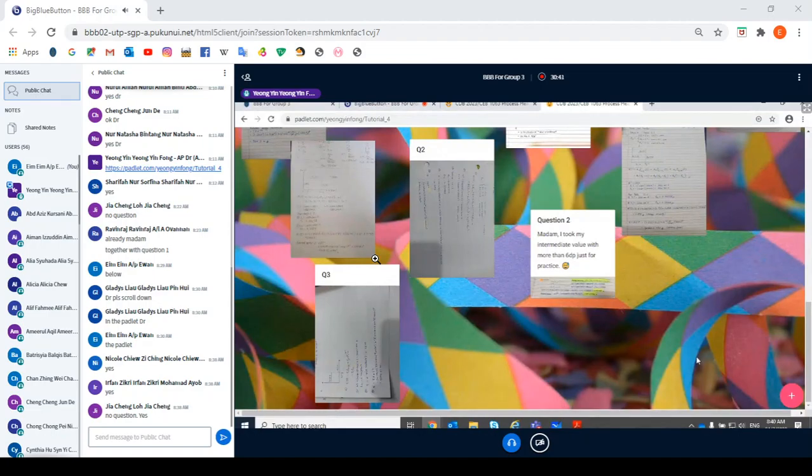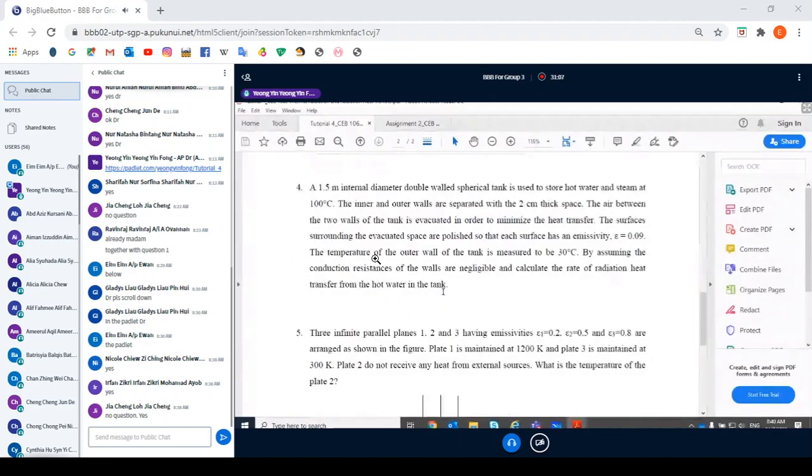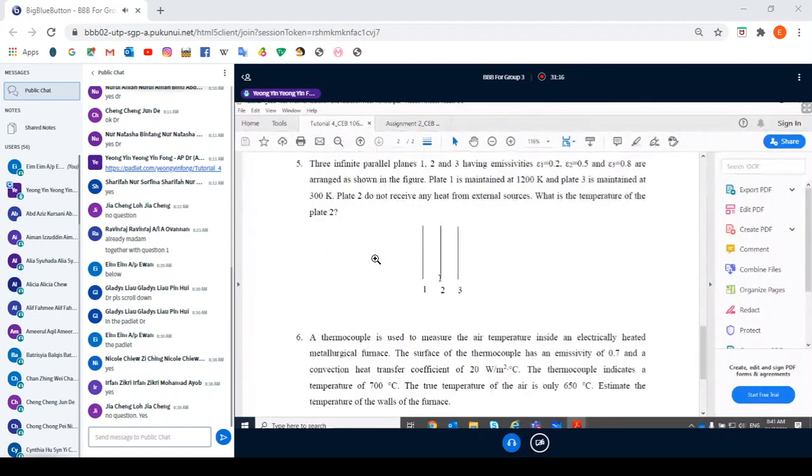So tutorial questions 1, 2, 3 are basically under topics in chapter 12, for the fundamentals of thermal radiation. Questions 4 to 6 are under chapter 13: the net rate of radiation between surfaces, radiation shield, or the radiation effects on the measurements of the thermometer or thermocouple.